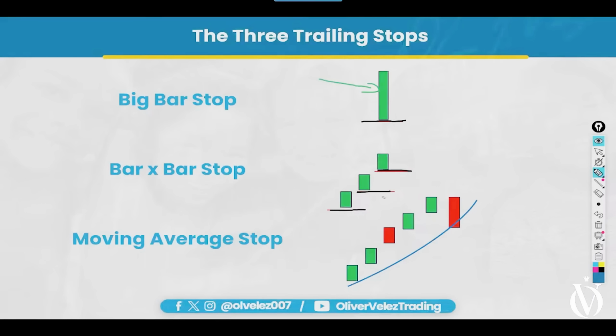Here is the 20-period moving average. Here is the stock chugging along the 20. But then it starts to leave the 20, you see? Now I want their protection going under every single bar because it's dangling up there in midair and it doesn't have any support near it.